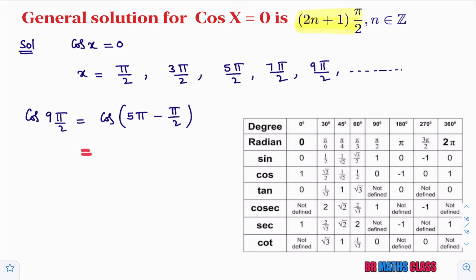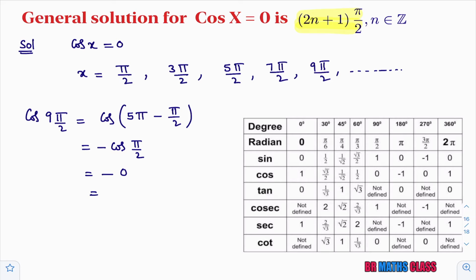So this equals, as 5 pi is there, the function remains the same. So this is cos of 5 pi minus pi by 2. As odd number into pi minus theta lies in the second quadrant, and in the second quadrant cos is negative, cos of 5 pi minus pi by 2 is minus cos pi by 2. From the trigonometry table, we know that cos pi by 2 value is 0.